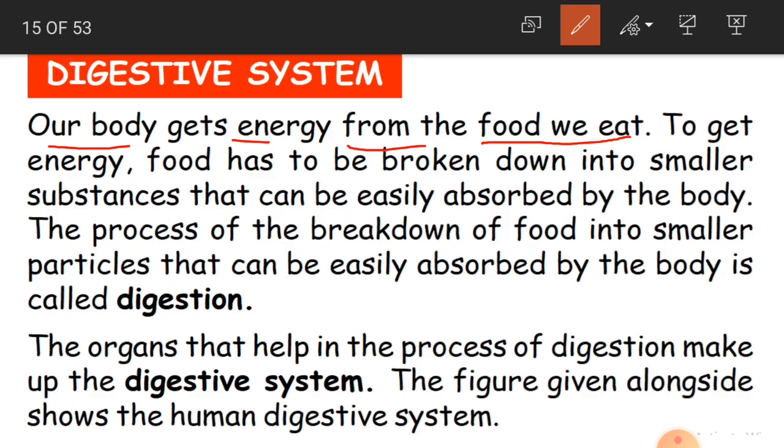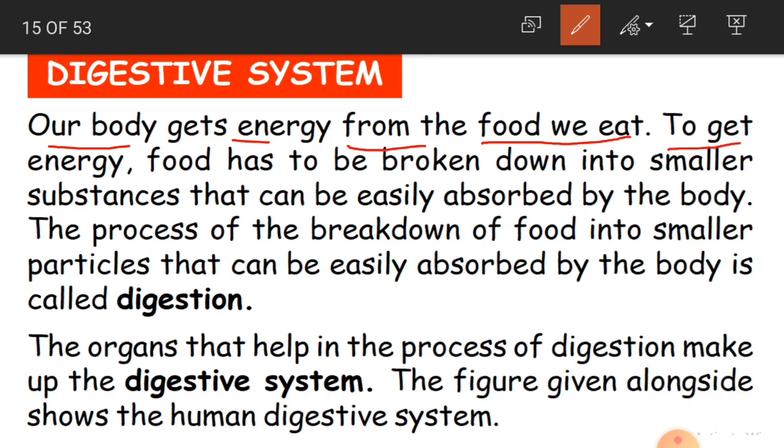So, what is food ultimately? Food is the thing from which we get energy for our body. Clear, children? Without food, water and air, we cannot live; these are very important for us.